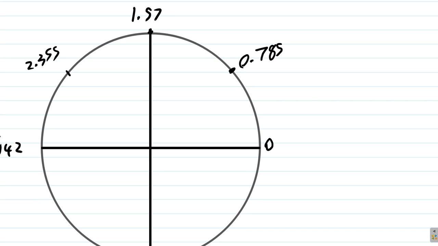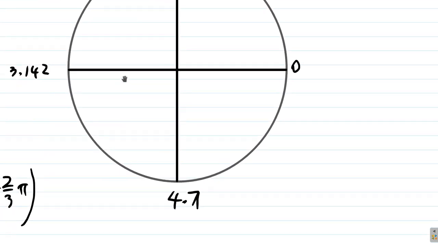Another 0.785 gives us pi plus 0.785 more, so we get 3.925 here, then 4.71.